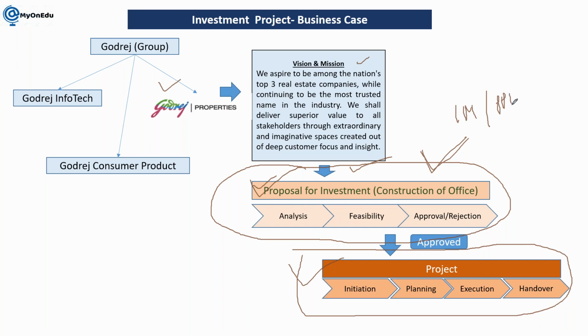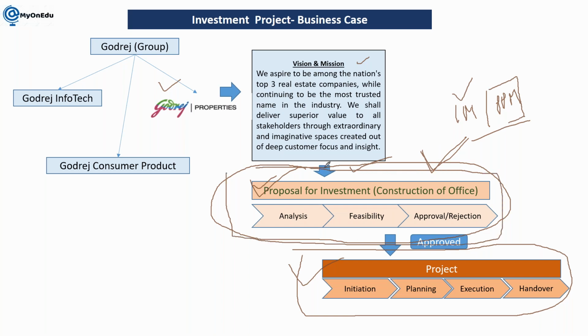PPM is an advanced solution. Whatever functionalities you have in IM, you can manage through that also, but PPM gives more control, and for reporting and all, PPM is the best.